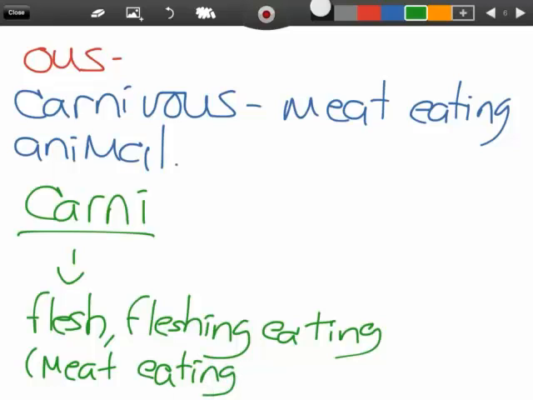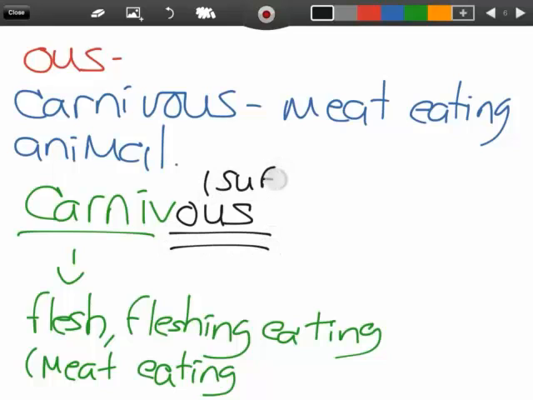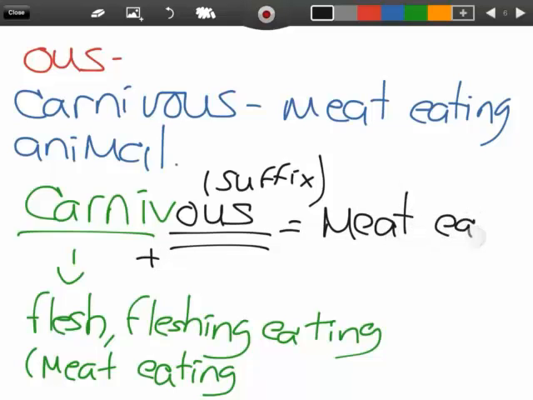And when I put this word here, carnivorous, this is our suffix. And when you combine these two together, you get a meat-eating being.